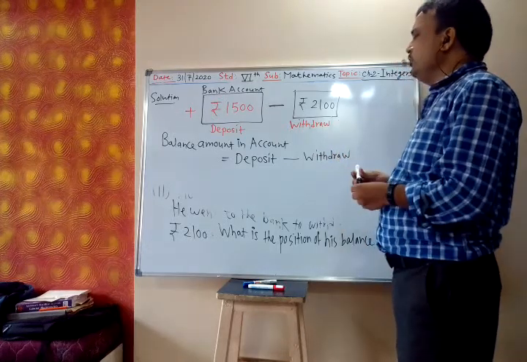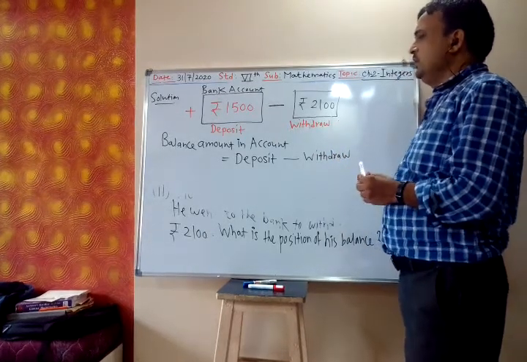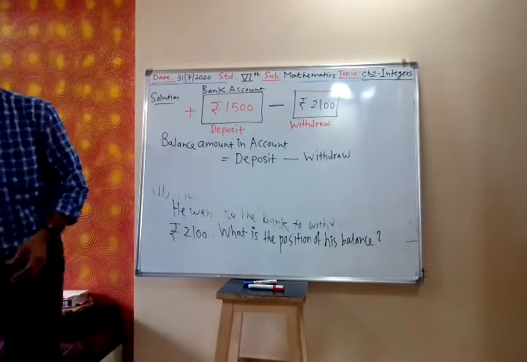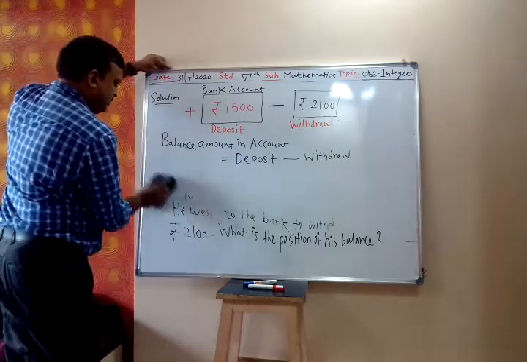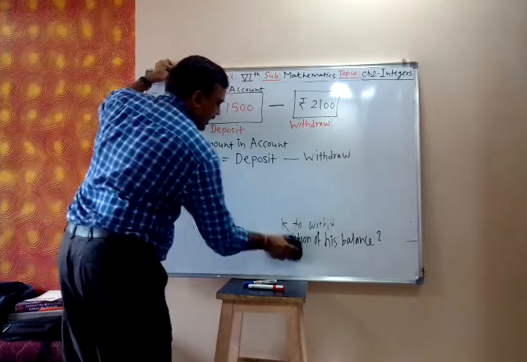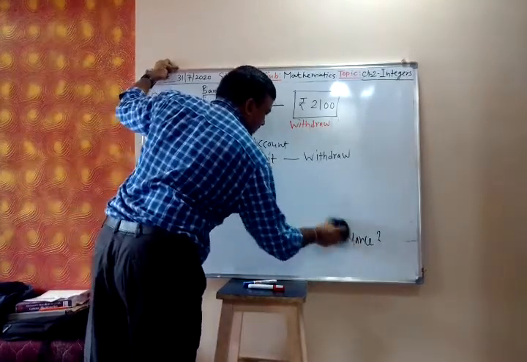How much amount is deposited? 1,500 rupees. And how much amount is withdrawn? 2,100.